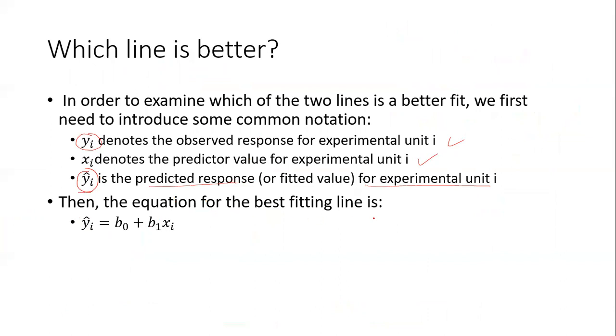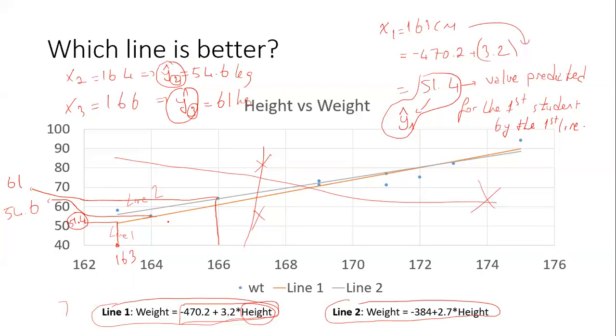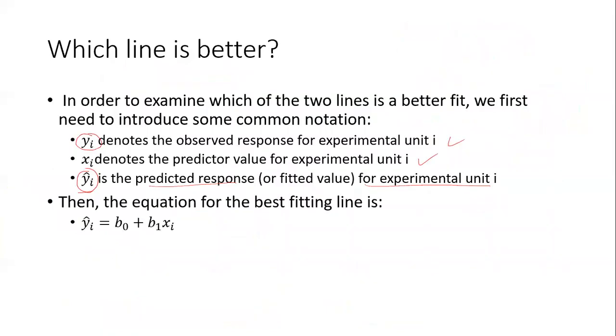So the equation for the fitting line is yi hat equals b0 plus b1 xi. For the first line, you have minus 470.2 plus 3.2 xi. This is equal to yi hat.